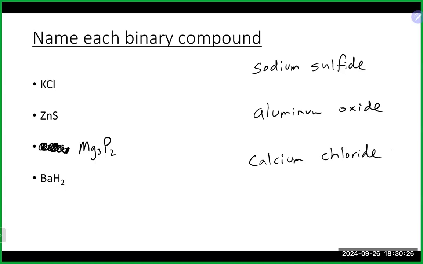All right, so names on the left there, and take a look here, see how we're doing. So again, we have K, which is potassium. That's a metal. Cl is chlorine, which is a nonmetal. So right off the bat, that should tell you you're dealing with an ionic compound. Here we want to focus in on the metal, which is potassium. We can find potassium in group number 1 on the periodic table. So that tells you it's a type 1 compound. And really for naming it, that's all you need at this point.